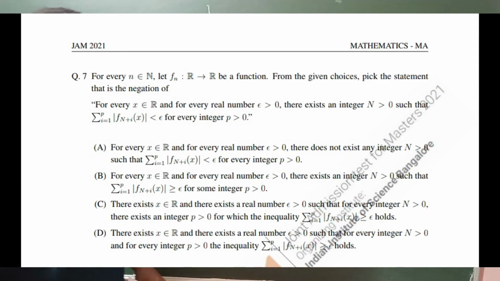Now the next question. Given that for every n belongs to capital N, let fn from R to R be a function. From the given choices, find the statement that is the negation.